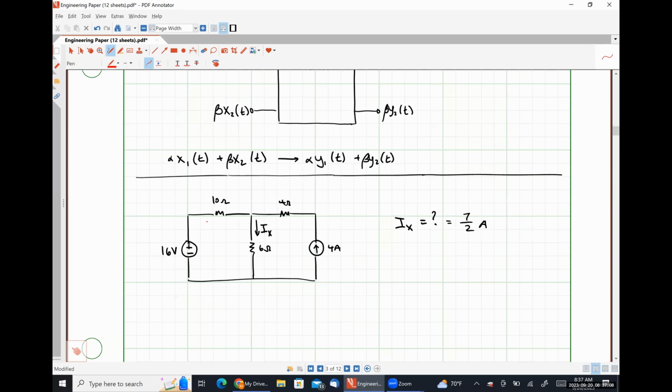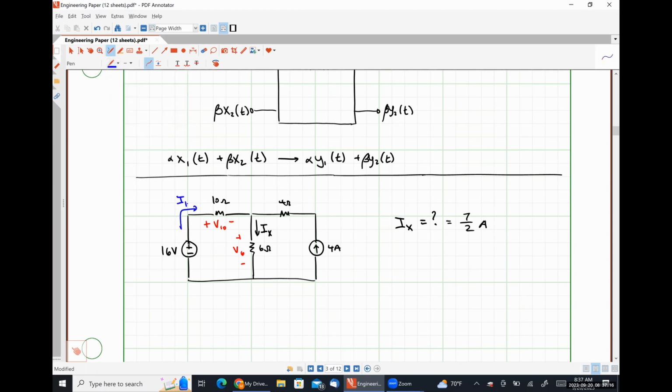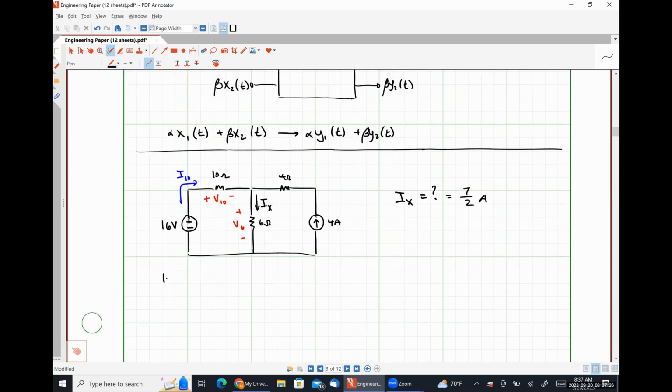So once again, I'm going to call this voltage V10. I'm going to call this voltage V6. I'm going to call this current I10. I'm not going to bother defining things for the 4-ohm resistor because it turns out we don't need it anyway. Applying Kirchhoff's voltage law and Ohm's law simultaneously, we're going to wind up getting 10 ohms times I10 plus 6 ohms times Ix is equal to 16 volts.